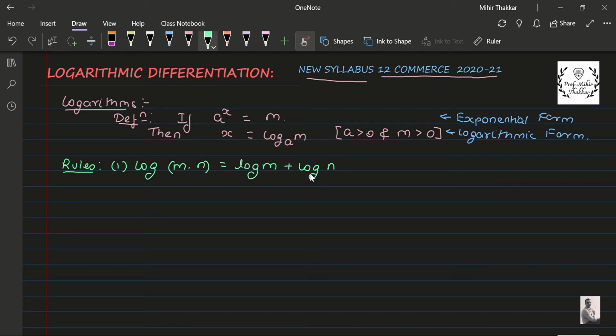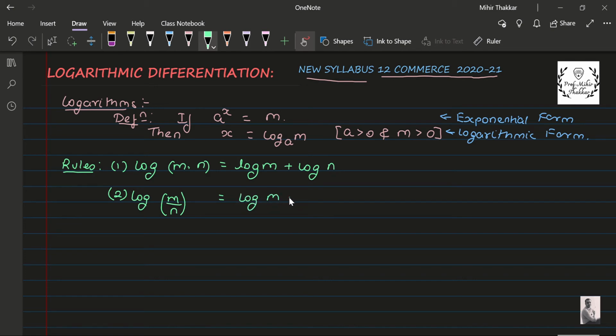If nothing is in the base, then in calculus we assume that the base is e so that the working becomes simplified for us. Number two, log of m upon n. If the question is in the form of a product, we add the logarithms of the two numbers. And if the question is in the form of division, then we subtract the logarithms of the two numbers.